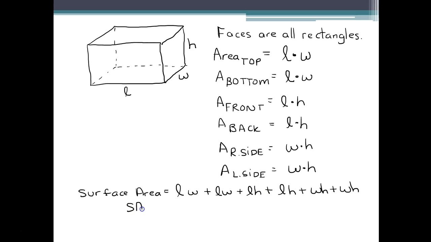And if you want to clean that up a little bit, you have 2 of these LWs plus 2 of these LHs plus 2 of those WHs. There's your surface area formula.